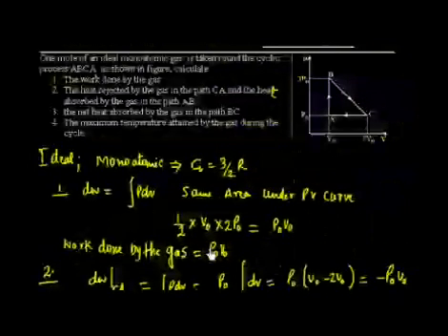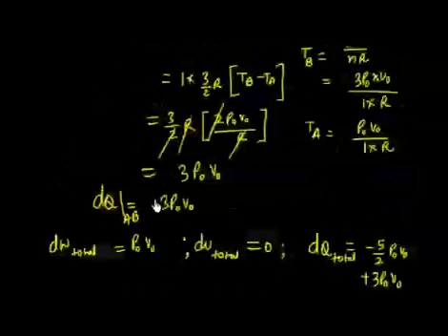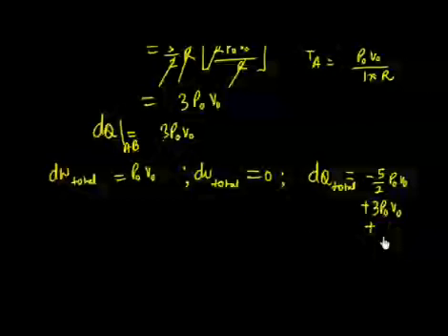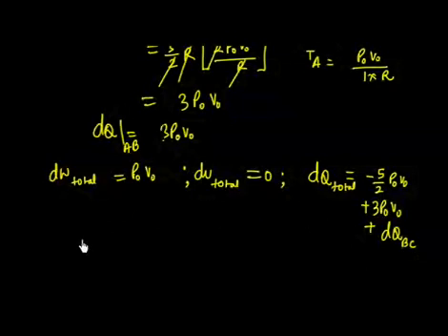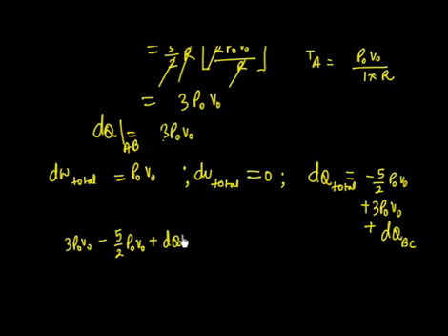So this is this plus dQ BC. So now I can write dQ is equal to dU plus dW. So dQ total is 3 P naught V naught minus 5 by 2 P naught V naught plus dQ BC is equal to dU plus dW. dU is 0 plus dW is P naught V naught.